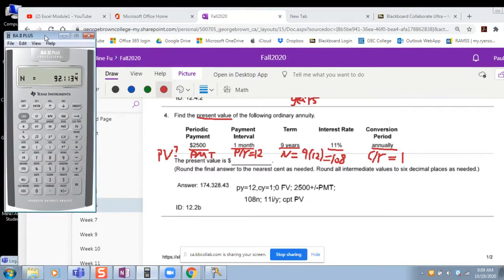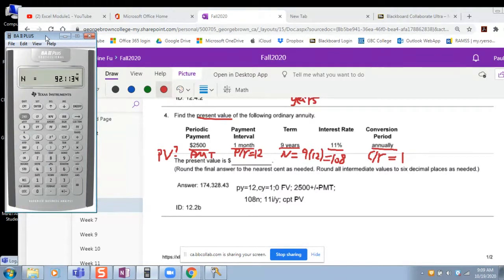Calculator. Second, P/Y. PY equals 12, that's fine.